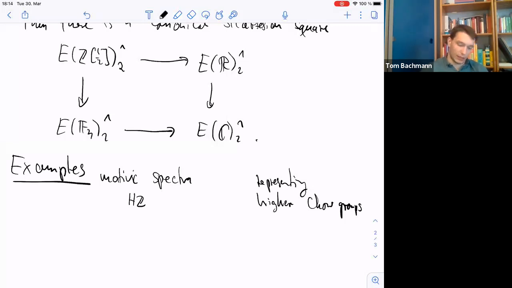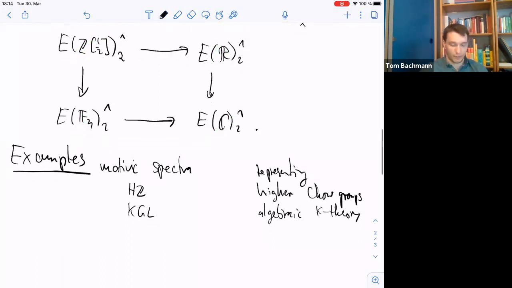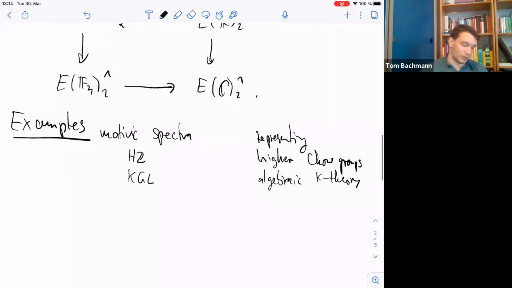Then there's another one called KGL, and this represents algebraic K-theory. In general it represents homotopy algebraic K-theory, but everything I wrote here is regular, so in that case there's no difference.